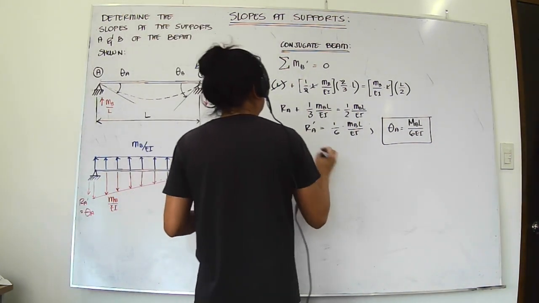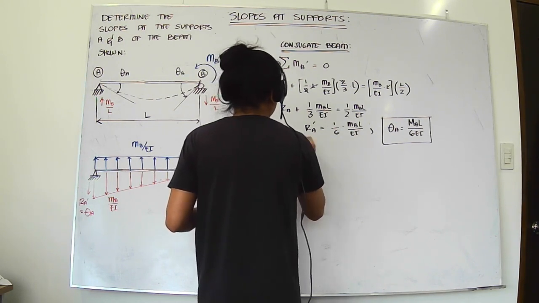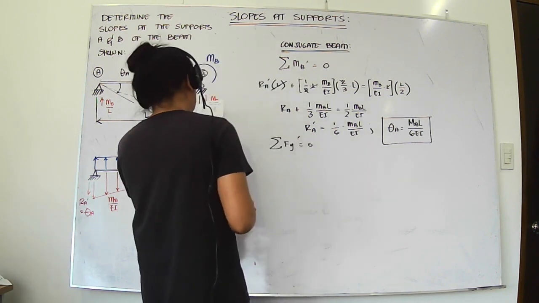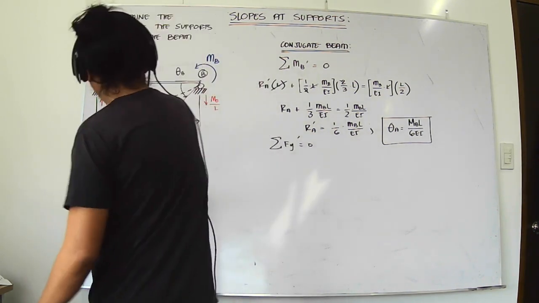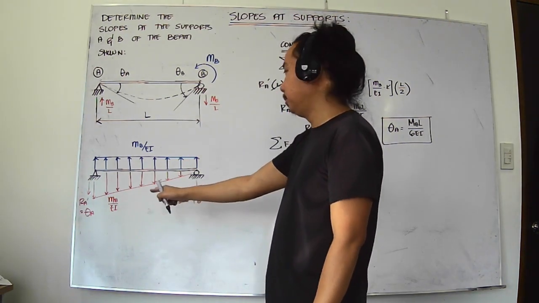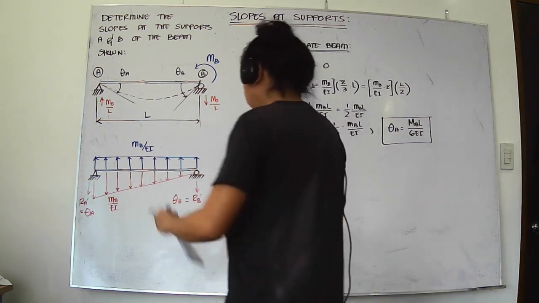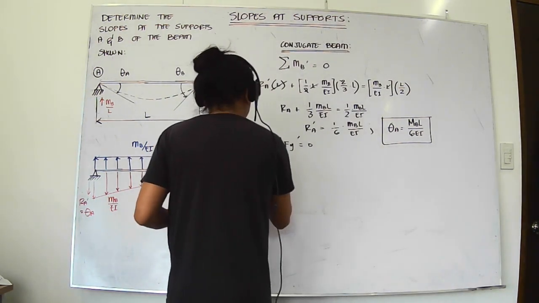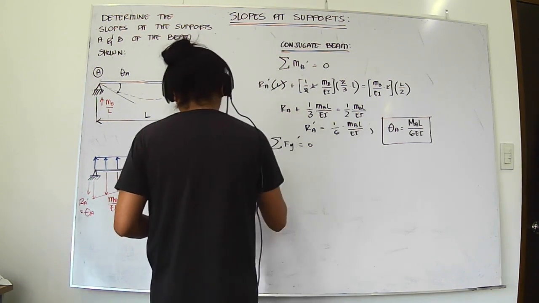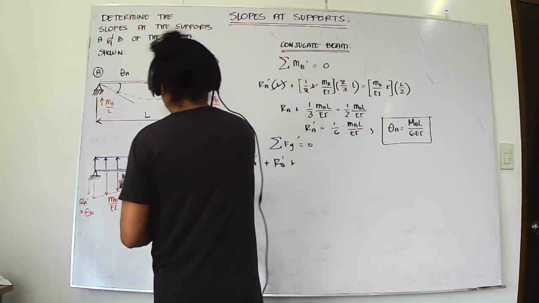Now, we solved the moment. Let's try solving for Fy. We already know that RA is going down, RB is going down, and this triangular loading is going down. The only thing going up is the MB rectangular loading. Okay? So RA prime plus RB prime plus the rectangular loading.